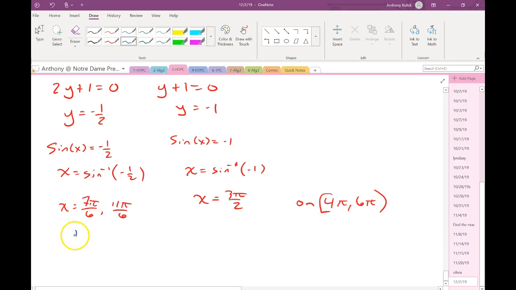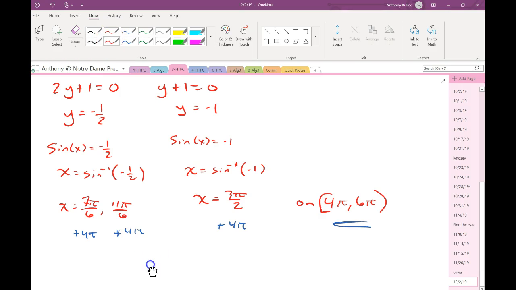How am I going to do that? Just going to add 4 pi to each of them. Everybody's okay with why 4 pi? The interval's from 4 pi to 6 pi. If I add 2 pi twice, that's still coterminal, but now it's in between 4 pi and 6 pi.